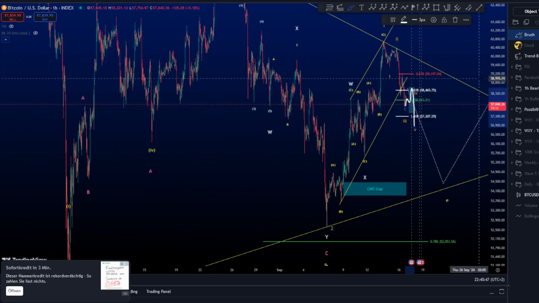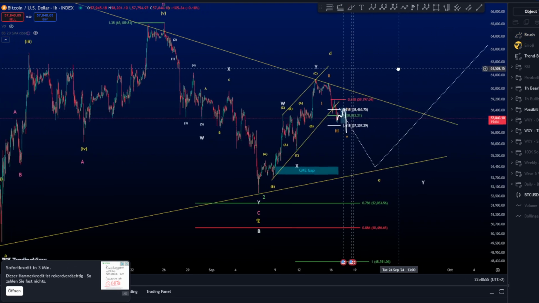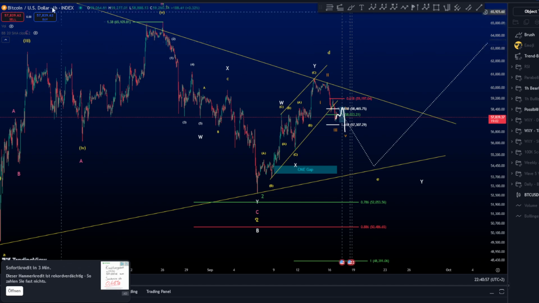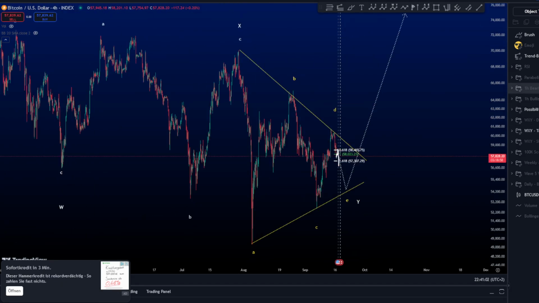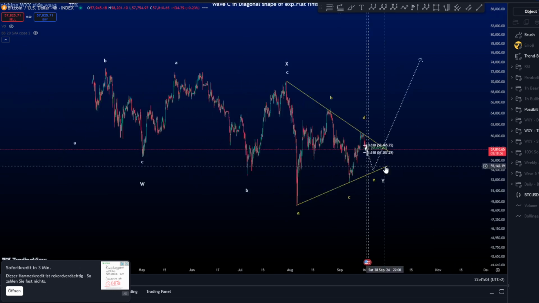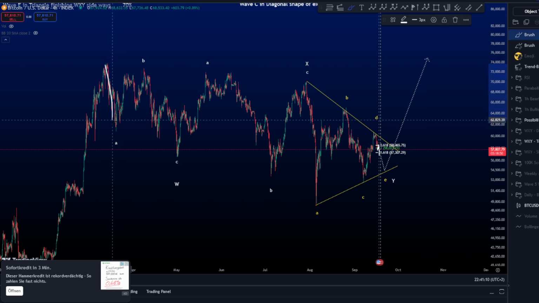Now, as you can see, I have blended two scenarios all together, which are both bearish scenarios. The first one you can see much better on the 4-hour chart, which is this one, the WXY, where we are looking at a finished zigzag, right?